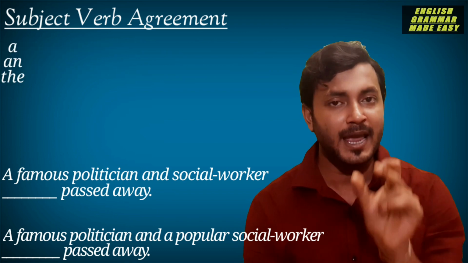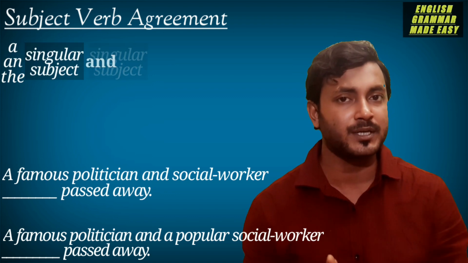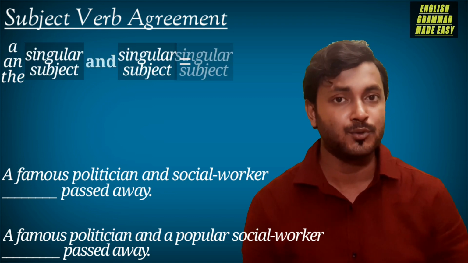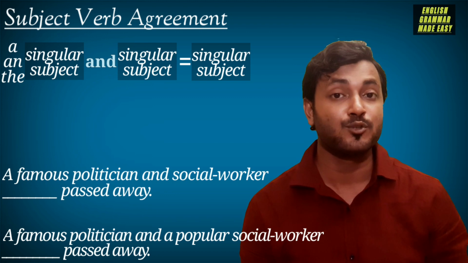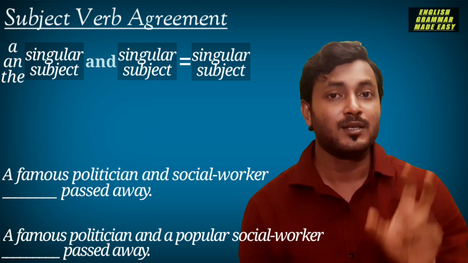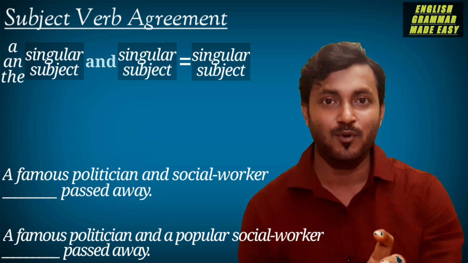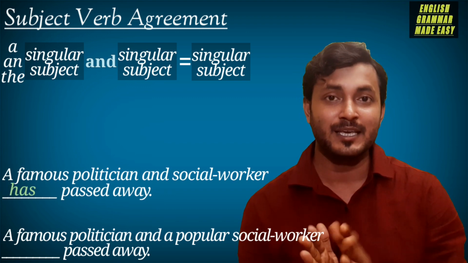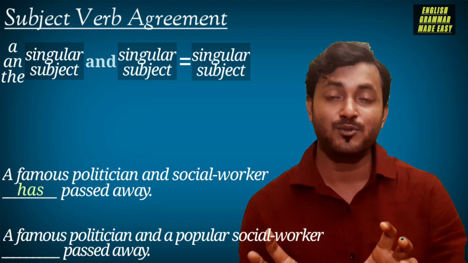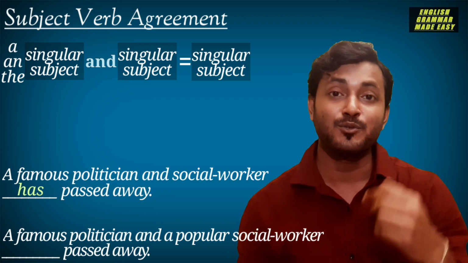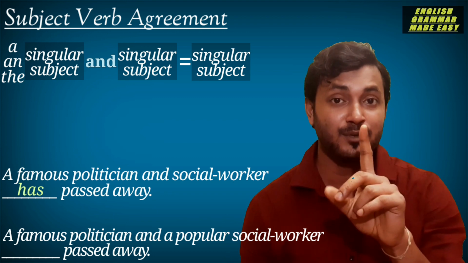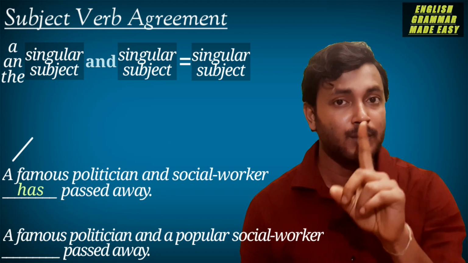You see, if and is used to join two singular subjects and only one article is used, the subject phrase will be treated to be a singular subject. So, a famous politician and popular social worker. In this case, famous politician and popular social worker refer to a single person because I have used the article a only once.